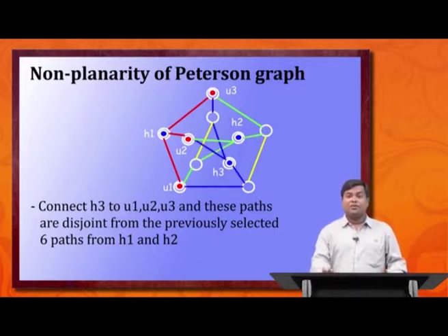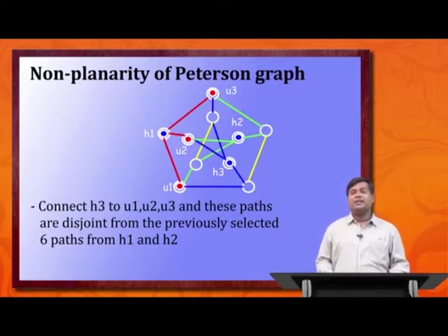So we have again found the paths from H3 to U1, U2 and U3, and I have colored them in blue to identify them separately. So finally we found H1, H2 and H3. This is one group of vertices, and U1, U2, U3 is another group of vertices, and probably we are going towards K33.